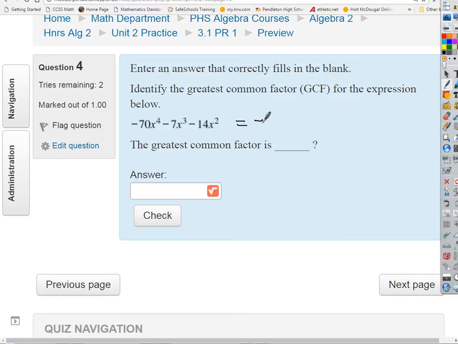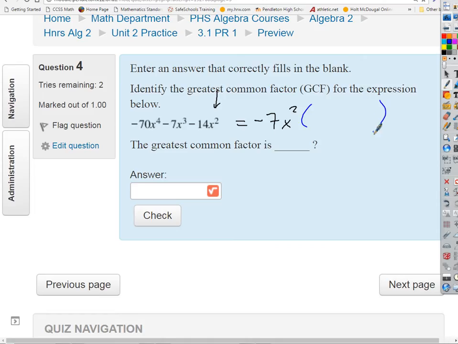Let's start off with the variable part. What's the weakest power of x? Well, that's going to be an x squared. So x squared is going to be the variable part of the greatest common factor. The number part is just the biggest number that divides evenly into 77 and 14, and that's just going to be 7. So negative 7x squared is the greatest common factor.